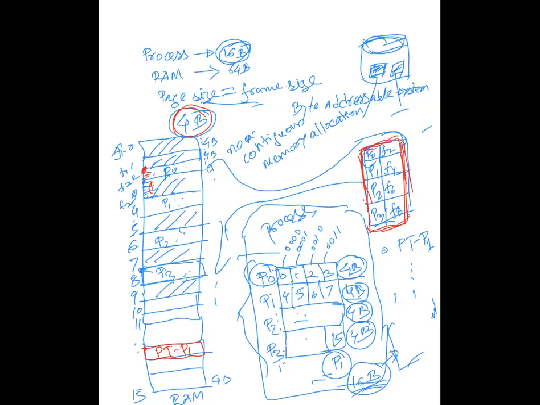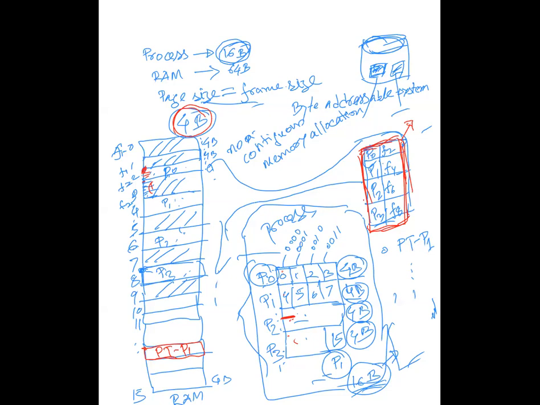This size depends on two things: the number of pages inside the process, as well as the size of your RAM, that is, how each frame is addressed.